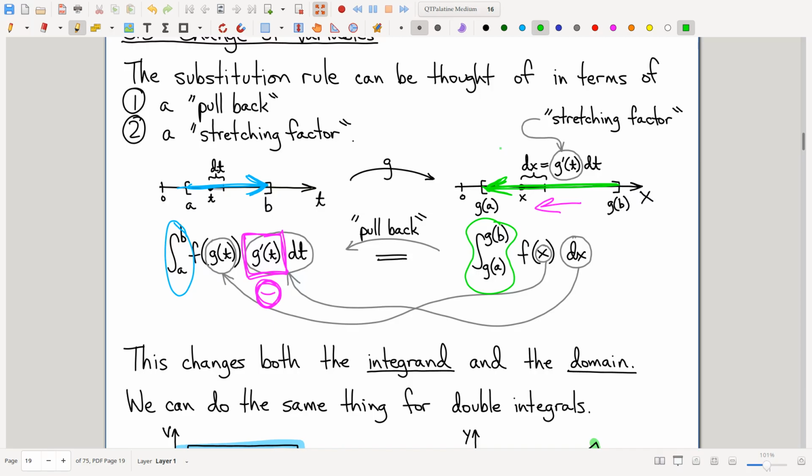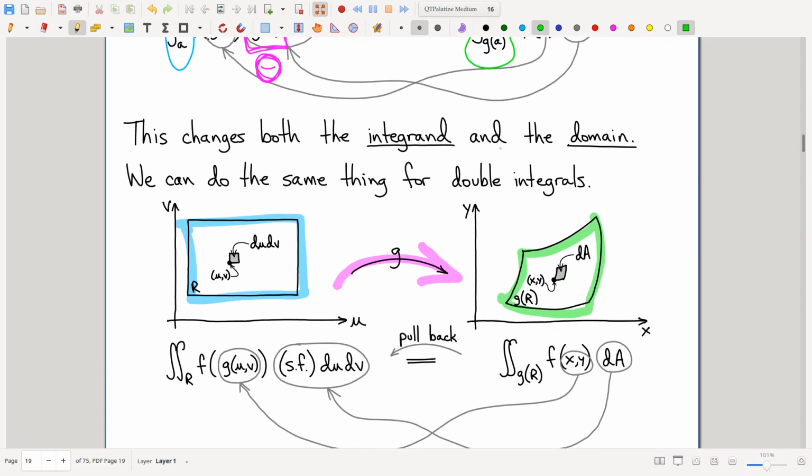That's why we set it up that way. And so the domain becomes whatever the thing is whose image is that domain, what I like to call a pullback domain, is the domain for your new integral.